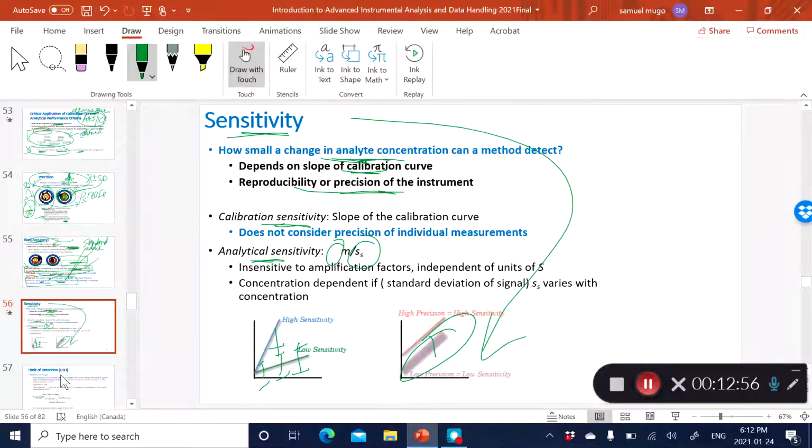That makes it a much more robust way of defining sensitivity compared to calibration sensitivity. All right, so sensitivity is affected by the slope as well as the reproducibility or precision of the instrument.